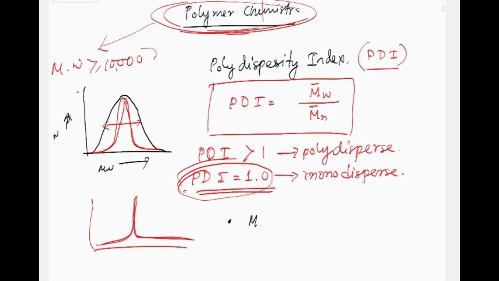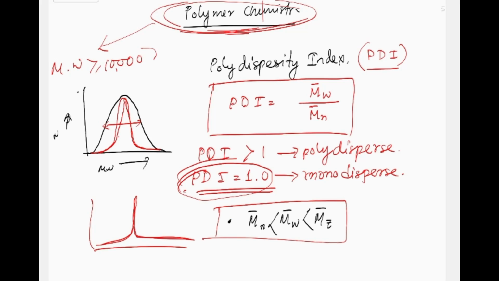The Mn value is the lowest, and Mv, the viscosity average, is greater than Mn, then it is greater than... Mw is greater than Mn value, and the Mz value is the highest. So this is often asked in questions.